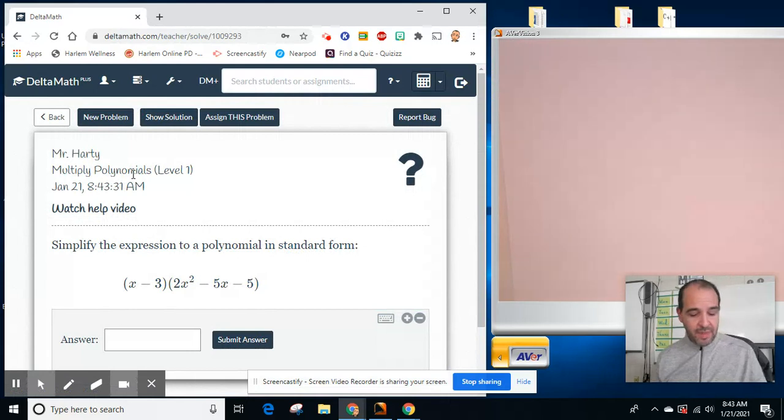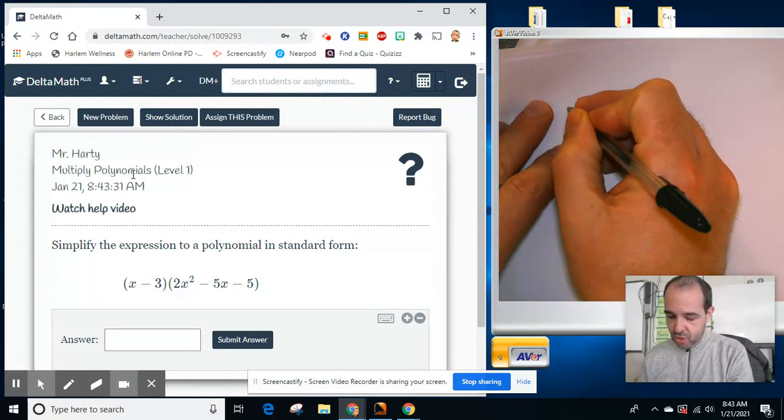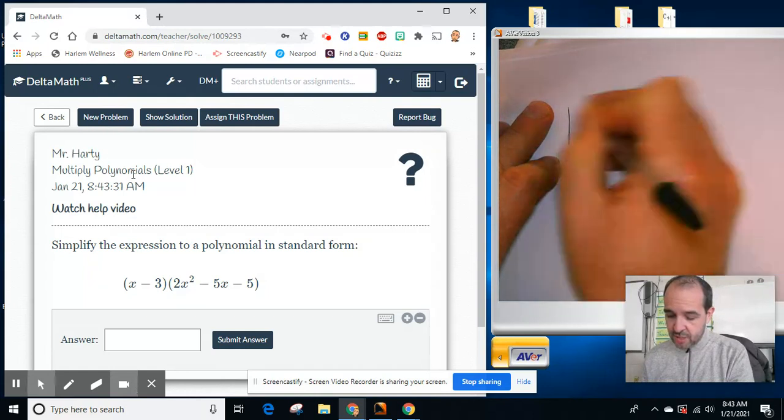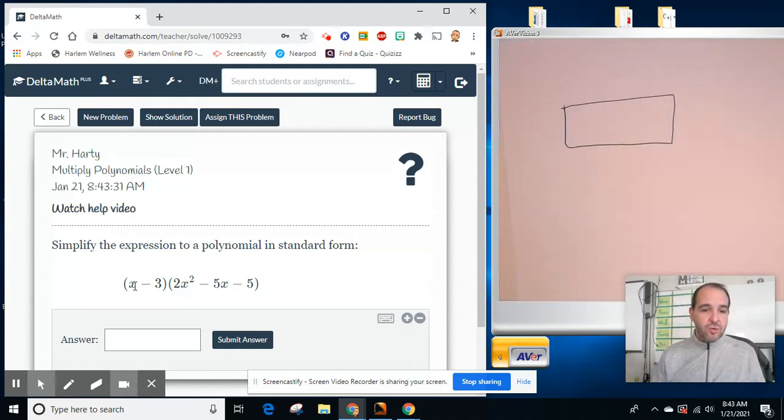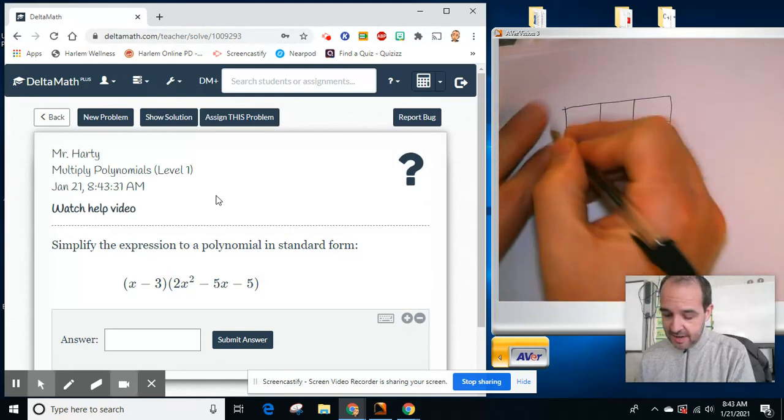Okay, multiplying. Now this one I want to physically show you. So here, if you wanted to just distribute and do x to this, and then to this, and then to this, and then -3, this, you can. I am more of a fan, again, of being able to see everything I'm doing.